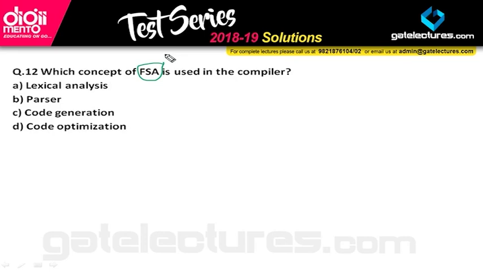Let's go one by one. Lexical analysis: why do we use it? To convert input into tokens, basically to tokenize the input, or to remove white spaces and blank spaces. And this is the answer over here.